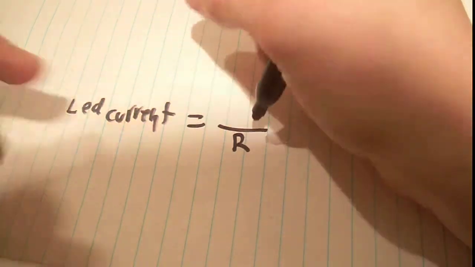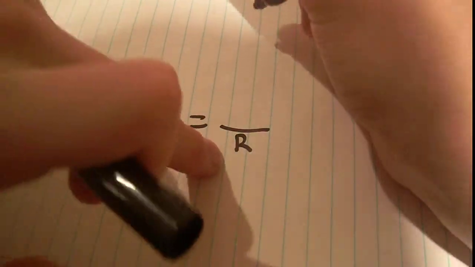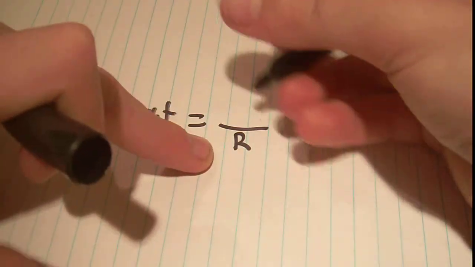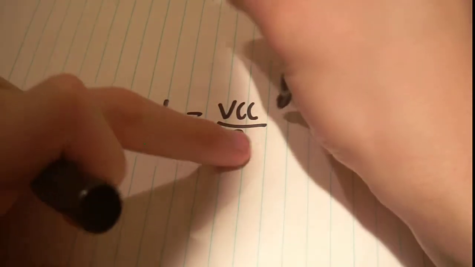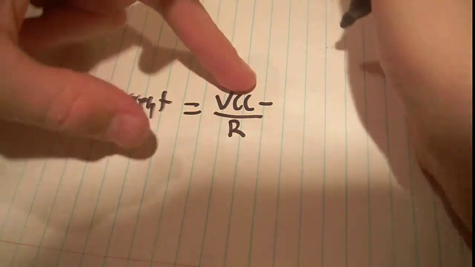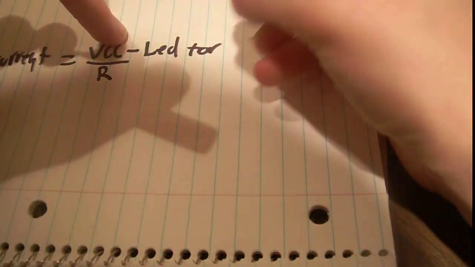The formula is: the LED current would equal your voltage, which is the supply voltage minus the LED forward voltage drop, divided by your resistance, which is the variable you're solving for.